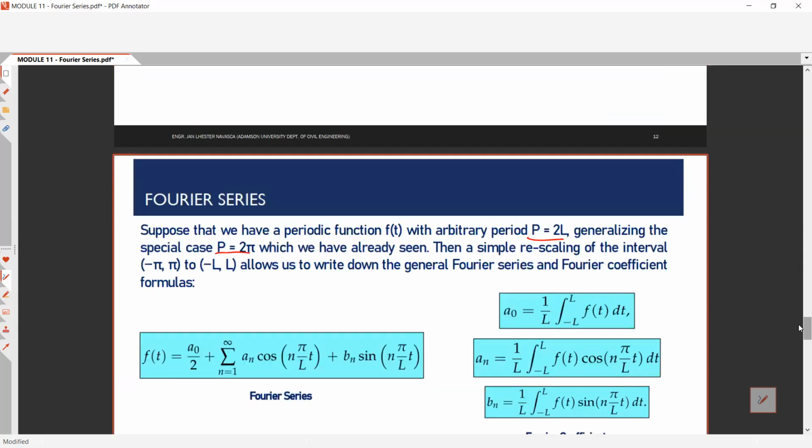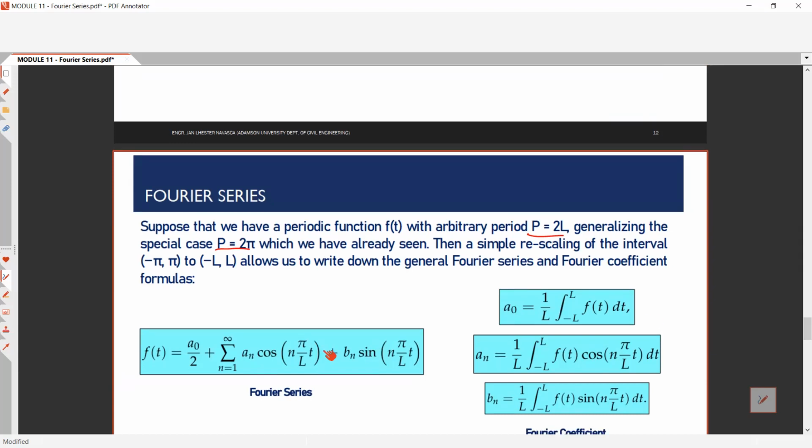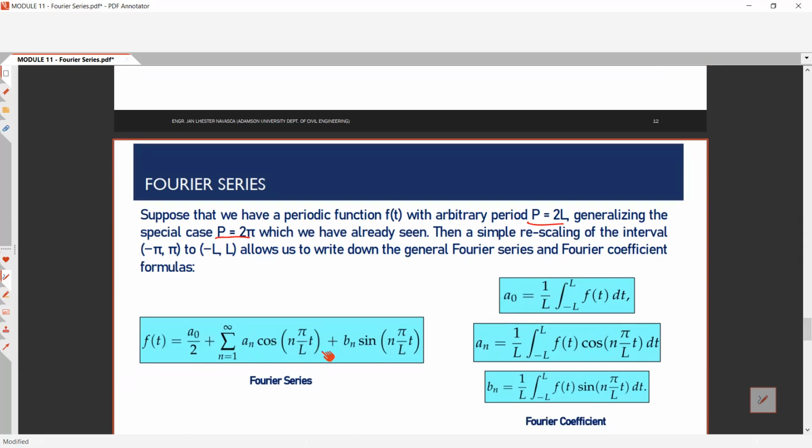So that is a sub 0 over 2 plus summation of a sub n cosine n pi t over L plus b sub n sine n pi t over L, n equals 1 to positive infinity. So this one is your Fourier series.